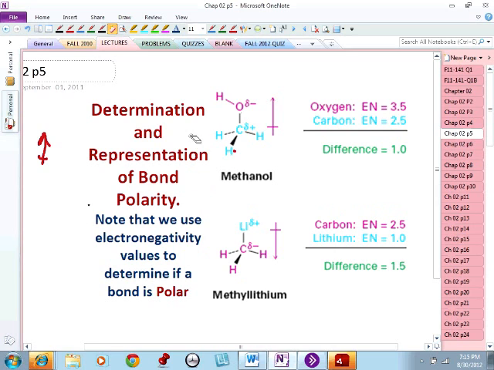So if you look at the bond between carbon and hydrogen, where would the pull of electrons be? Which is more electronegative? The pull of electrons will be towards the carbon.